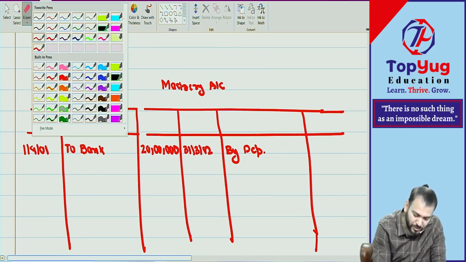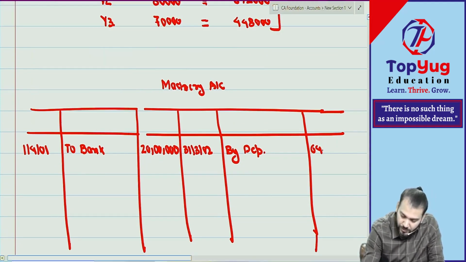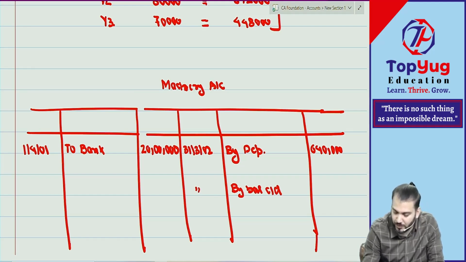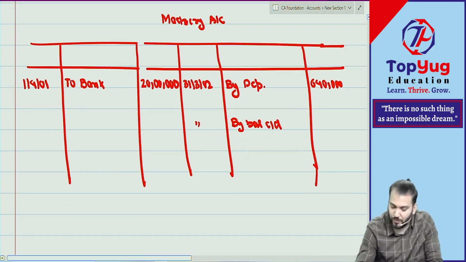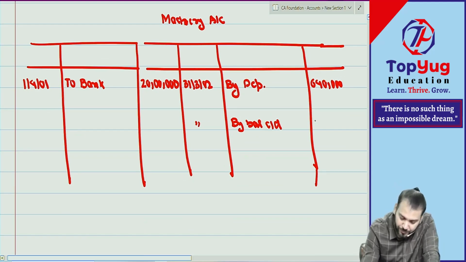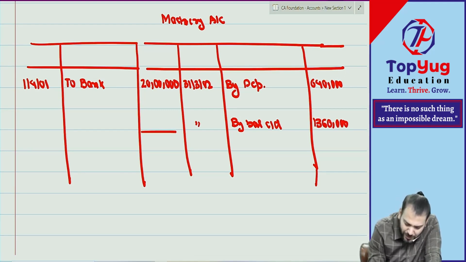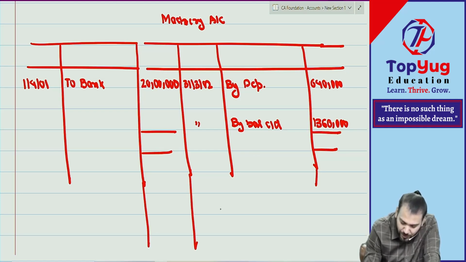Are you able to understand what I am doing? 6,40,000. And this will be carried down. So by balance carried down. This is the WDV. So how much? 20 lakh minus 6,40,000. How much? 13 lakh 60,000. Can you see you can continue this for the second year and third year?